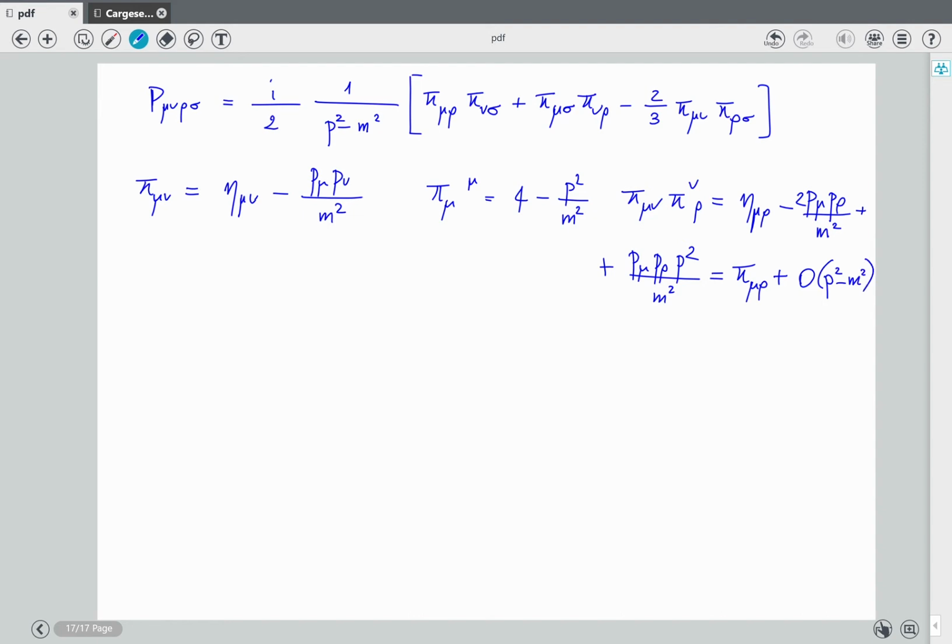Why? Yes, there is an easier way to show it. Let me show it this way. Let me check also the simple contraction pi mu nu p nu, which is equal to p mu times 1 minus p squared divided by m squared, and that is 0 on shell.